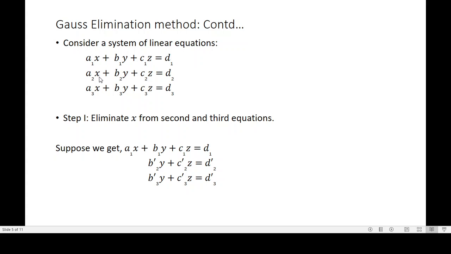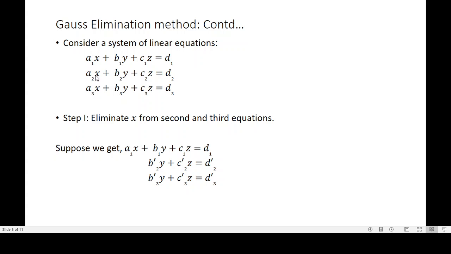How to eliminate x from the second and third equation? We multiply the first equation by a2 divided by a1 and subtract it from the second equation. So x is eliminated from the second equation. The coefficient of x here is a1.